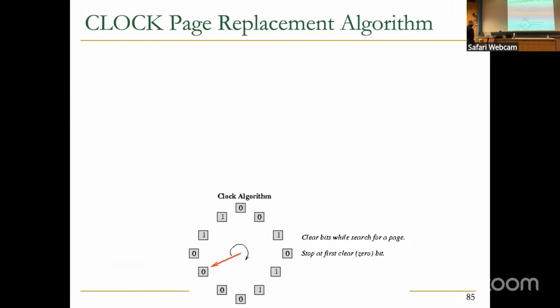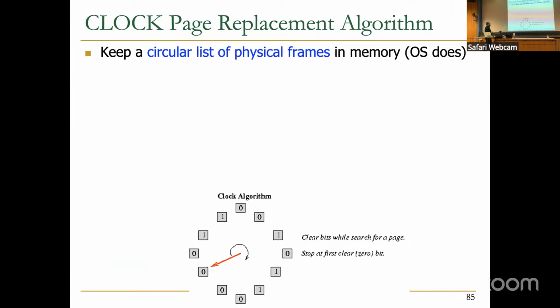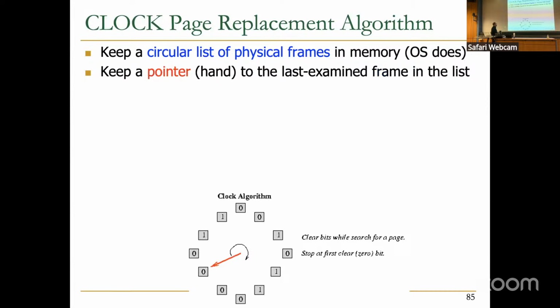As you can see, it's literally a clock, basically. The first thing the operating system does is keep a circular list of physical frames in memory, which means that for every physical frame, it stores a bit. It's a bitmap. And there is a pointer that points to some location in this bitmap. The pointer is always at the last examined frame in the list.